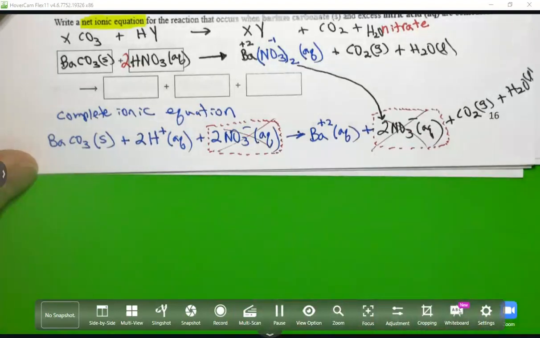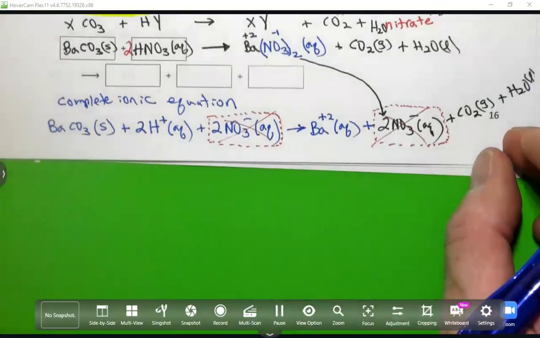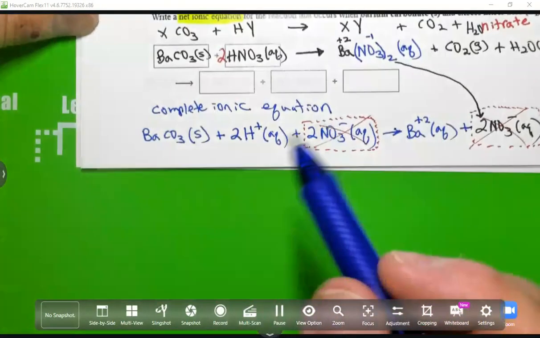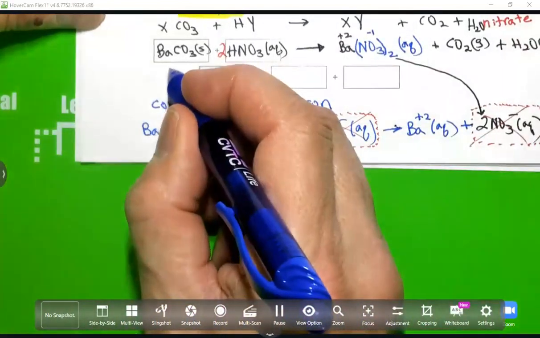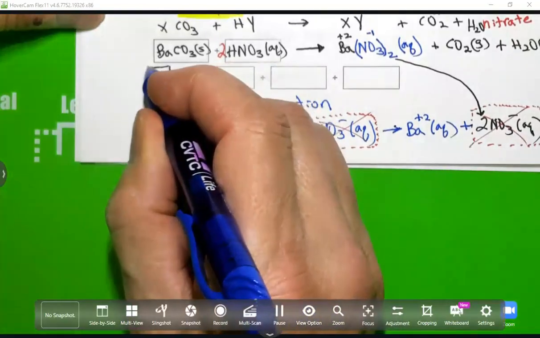Now I'm going to be left with my net ionic. So I'm going to have to redo my 2 boxes over here as best I can, because my answer is going to go here. This is a small box. I don't need a very big box here.